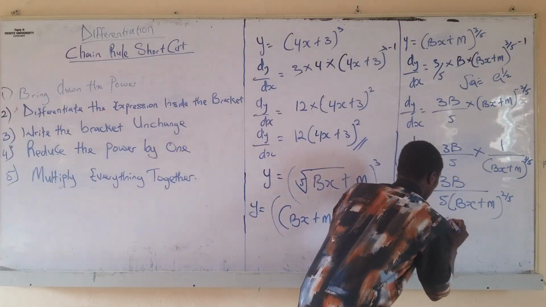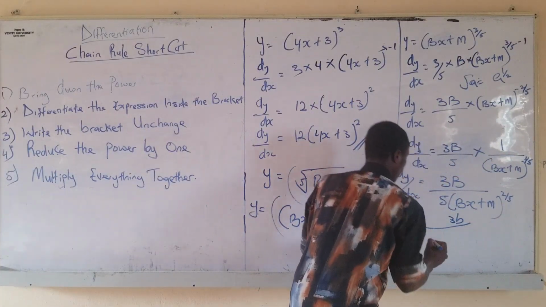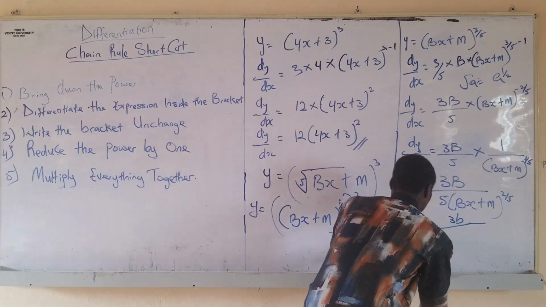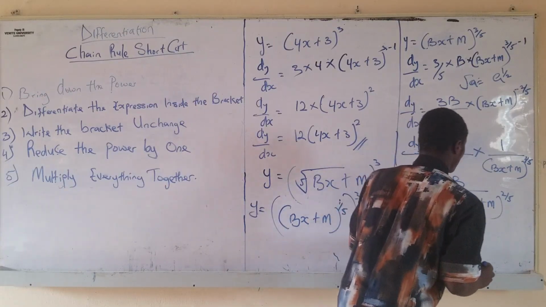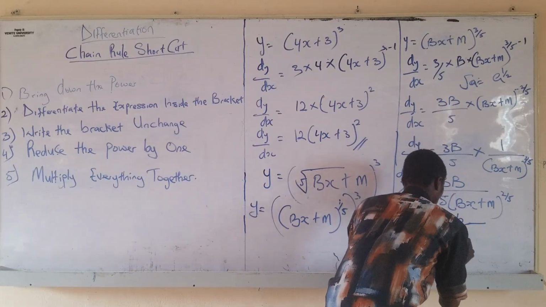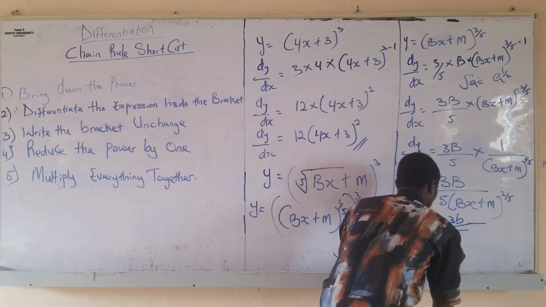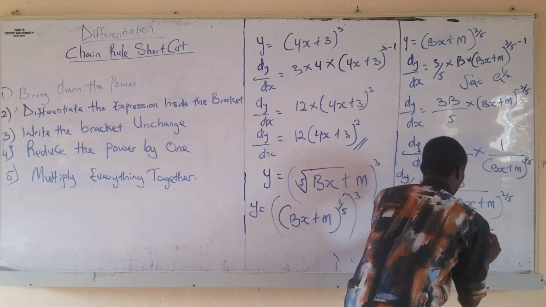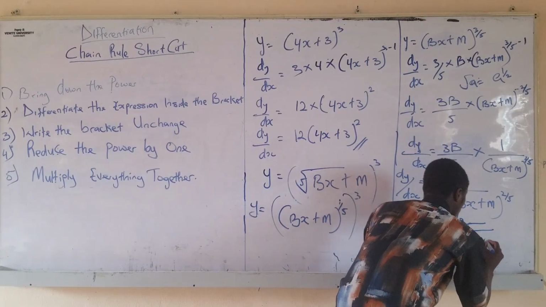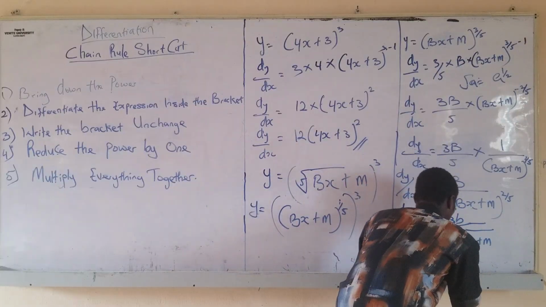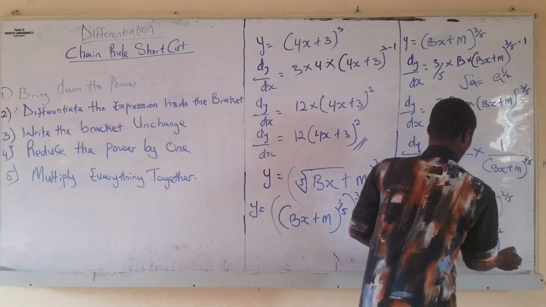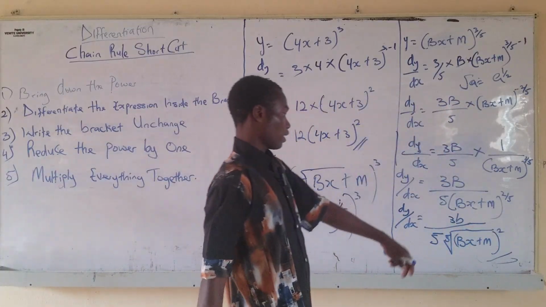This now becomes 3b over 5 times the fifth root of (bx + n) raised to power 2. This is the final answer.